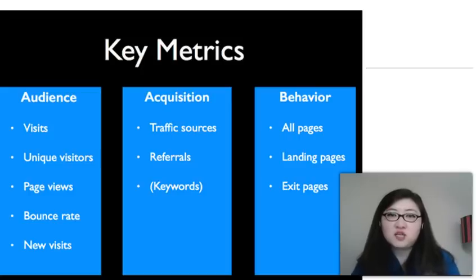And then touching upon keywords. And keywords is really a useful data element in terms of how people are finding information to your site. Are they doing searches into your site?